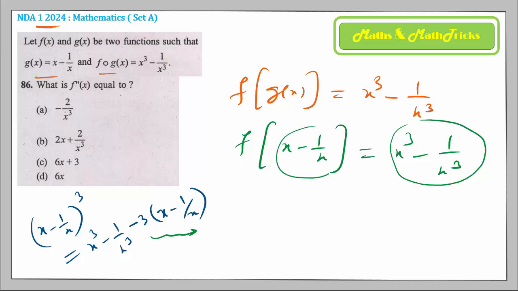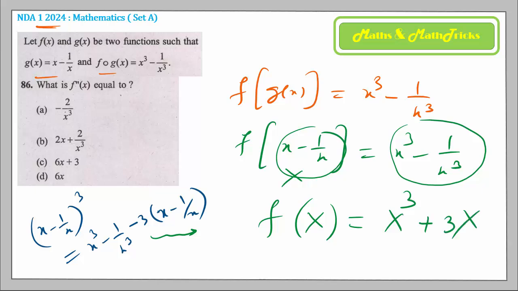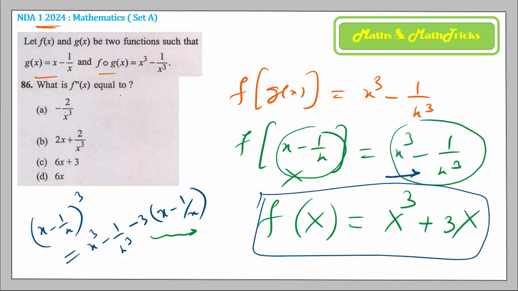See, this is your x, capital X. So I am streamlining the function now. f of x should be what? The capital X cube, in that you add 3 times X, so that you get only these 2 terms. So this is how you have to logically think towards getting the f of x from the given to match. Okay, so you got to know f of x is this format.